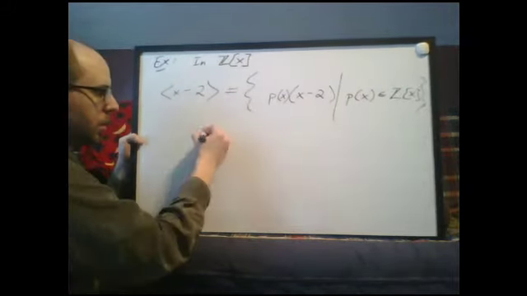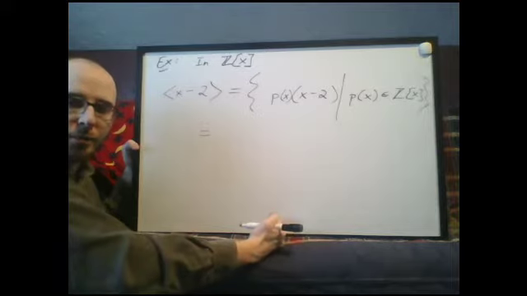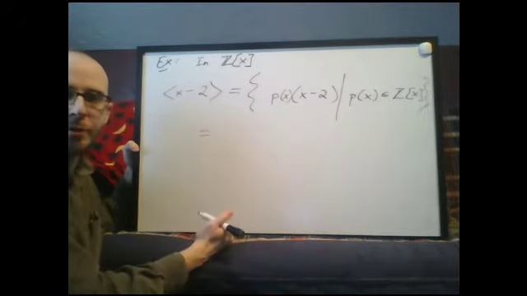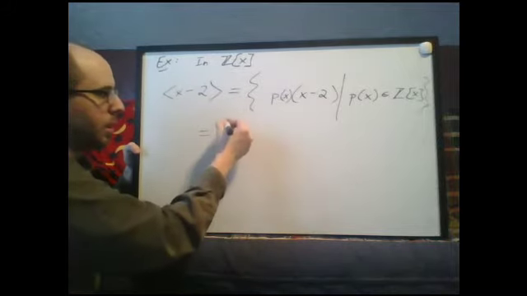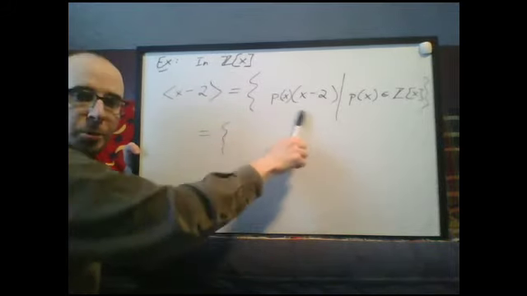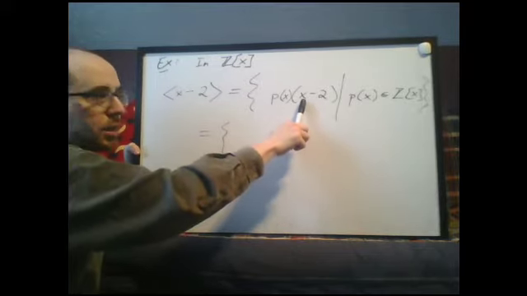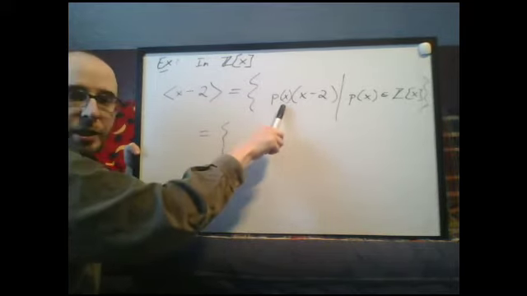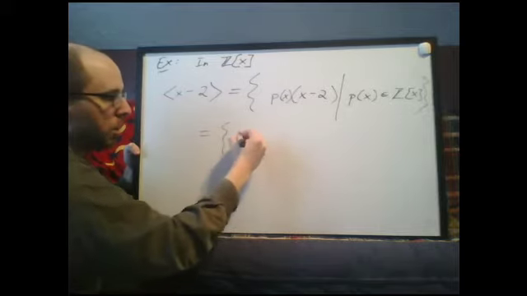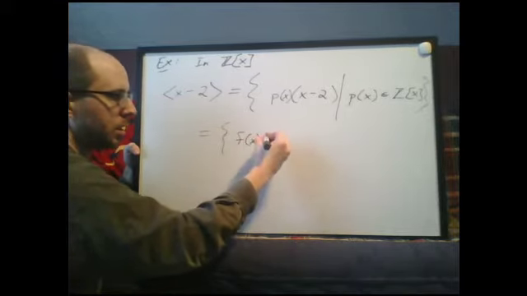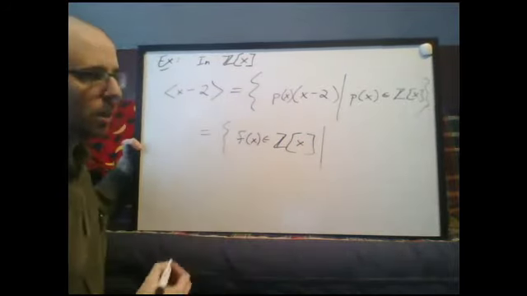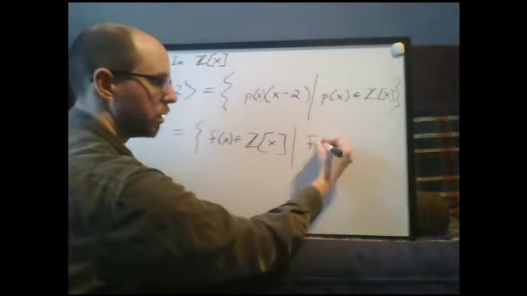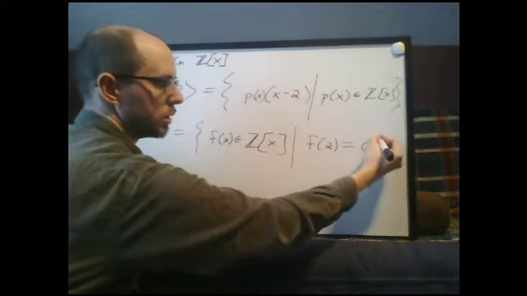So these are polynomials that I can factor x minus 2 out of. But more concisely, if my polynomial can be factored like this, that tells me that if x equals 2, I would get 0 out of it. So this would be all the f of x polynomials in ZX such that f of 2 equals 0.